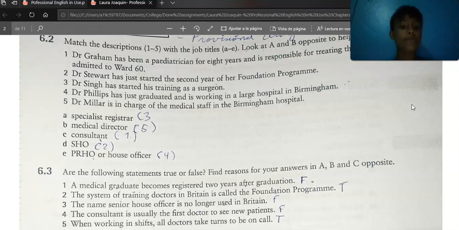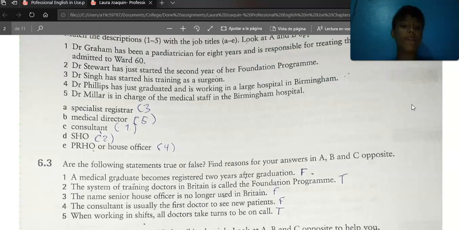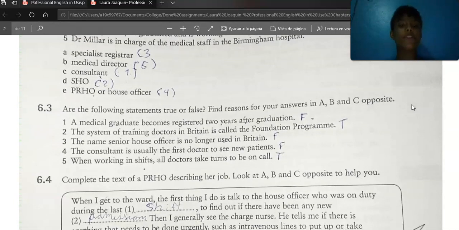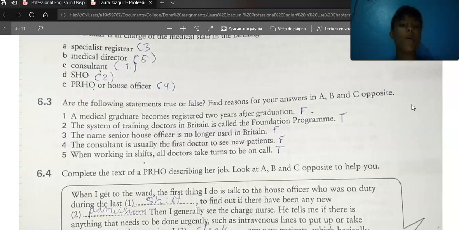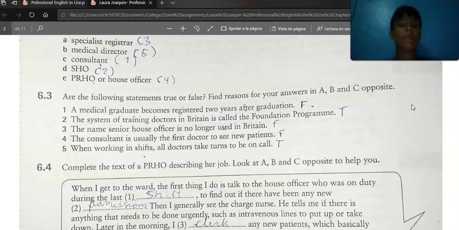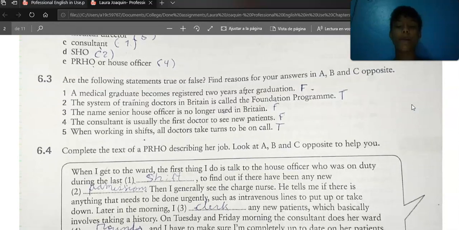This is medical director. Are the following statements true or false? Find reasons for your answers in A, B, and C opposite. Number 1. A medical graduate becomes registered 2 years after graduation. False. It's after 1 year. The system of training doctors in Britain is called the Foundation Program. True.